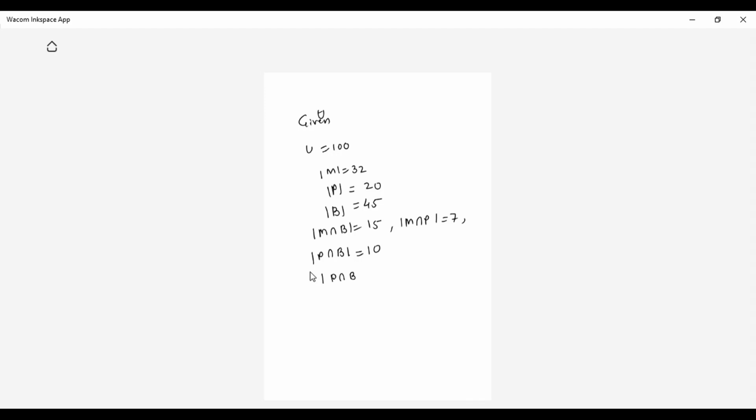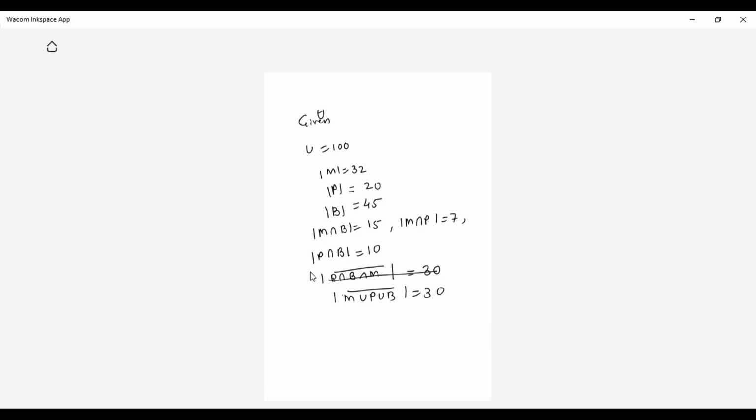P intersection B intersection M. Do not study means what? Bar will be given, and that would be your 30. So M intersection, sorry, not intersection. We will have union here. So M union P union B, bar is equal to 30.